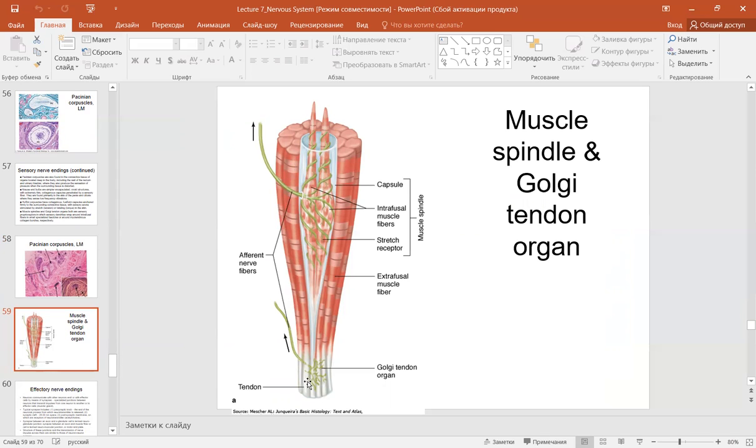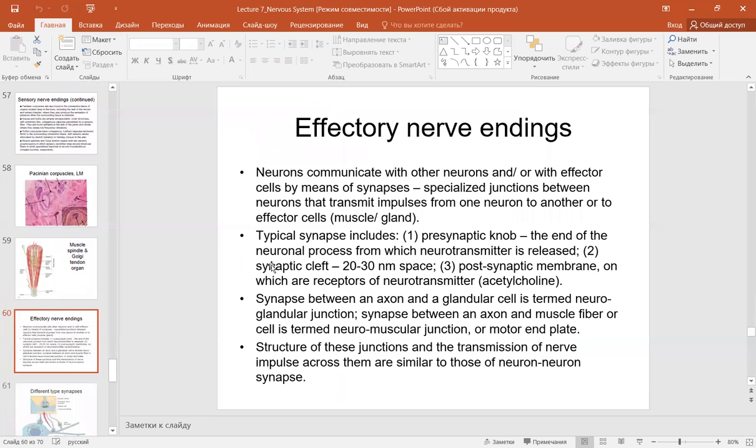The Golgi tendon organs send impulses to the central part of the reflex arc, to the cell bodies of the sensory neurons, either in the spinal cord or in the spinal ganglion.